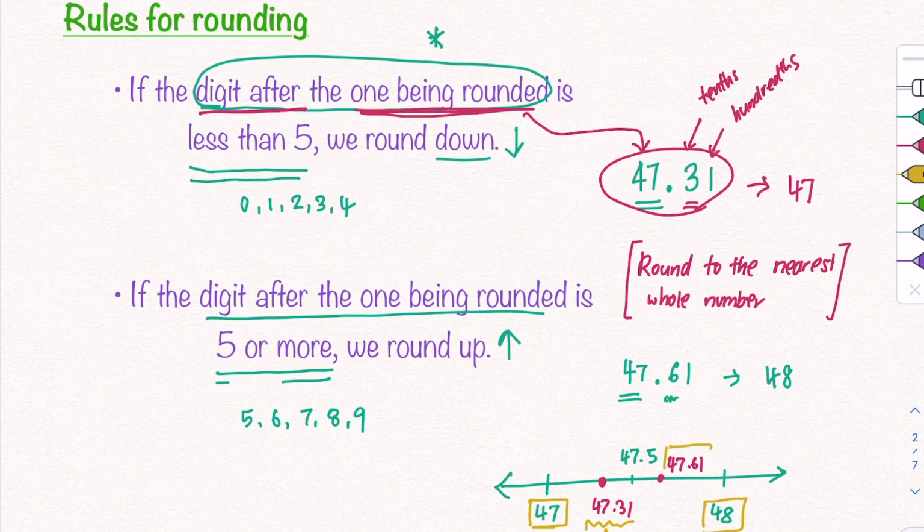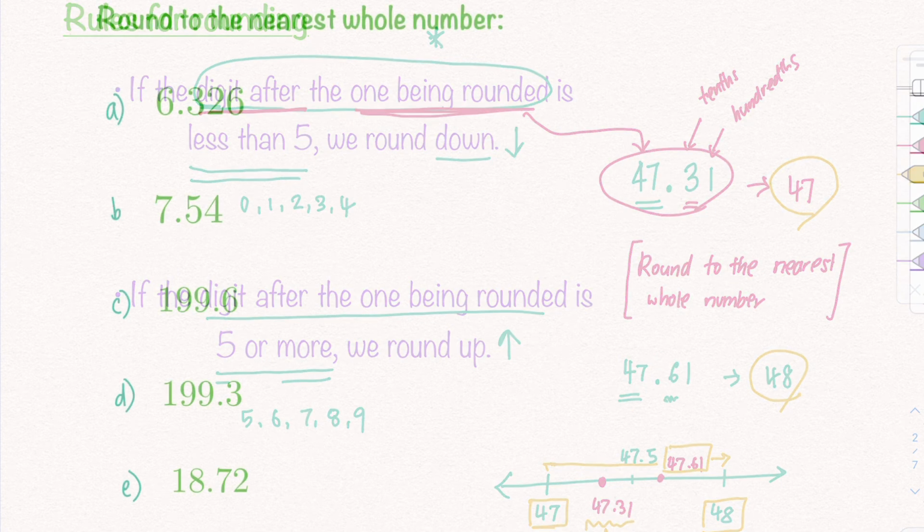Whereas 47 and 61 hundredths is closer to 48 compared to 47. So that's why 47 and 31 hundredths, when we round it to the nearest whole number, the answer is 47, whereas 47 and 61 hundredths, when we round it to the nearest whole number, the answer is 48.